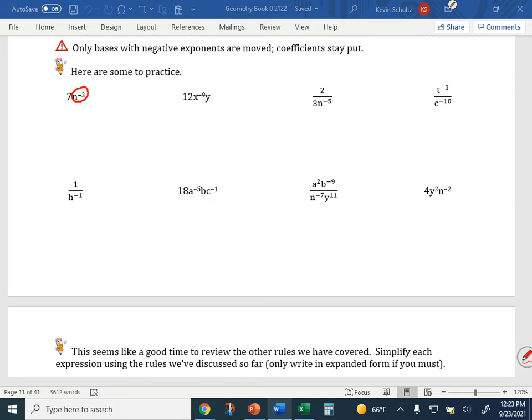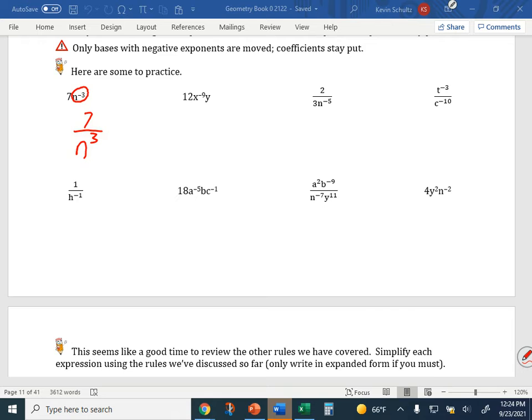Right now everything's in the numerator. Instead of n to the negative third in the numerator, we can rewrite this to still have the 7 in the numerator, because that stays the same, it doesn't move. But now in the denominator, it's n to the positive third. I said to start this that we're usually positive here.